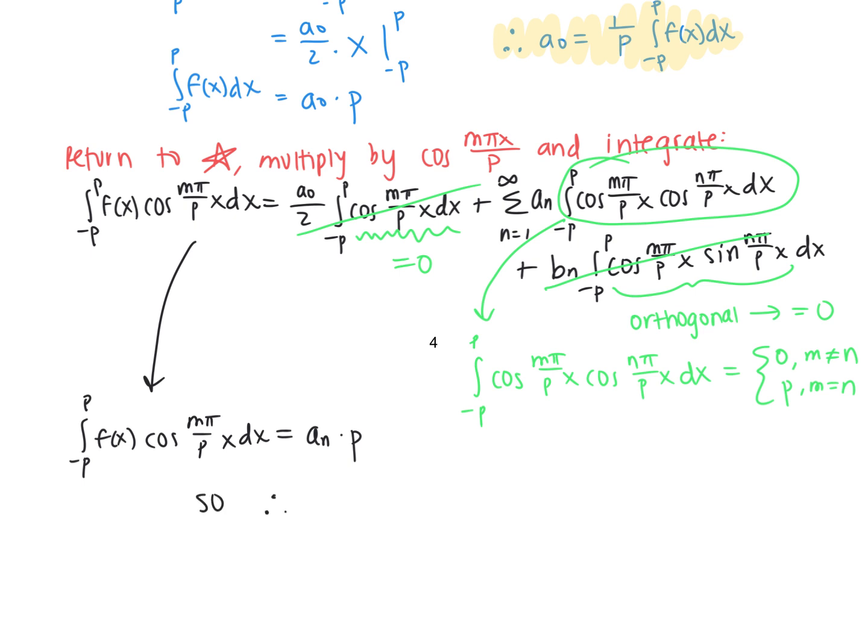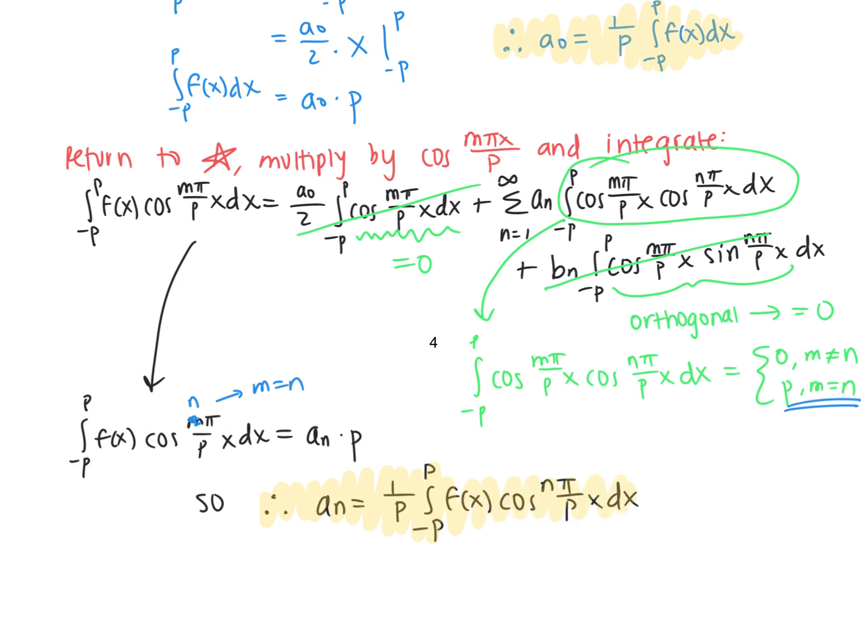So where that leads us to then is that a of n is 1 over p, the integral from negative p to p of f of x times cosine of n pi over p x dx. And actually above, instead of an m here, I should have written this as an n. And remember, we said that m and n are equal off to the right. So we now have a formula for a of 0 and a formula for a of n.